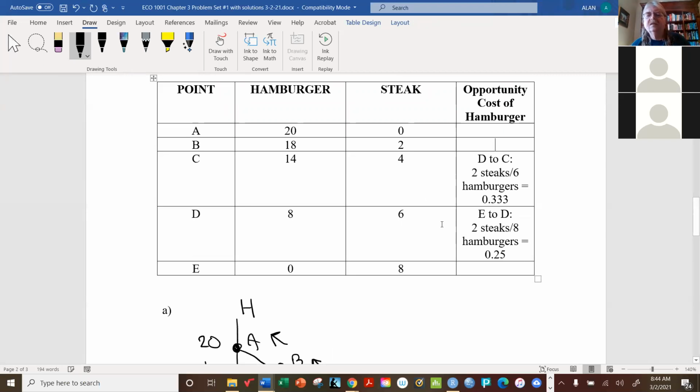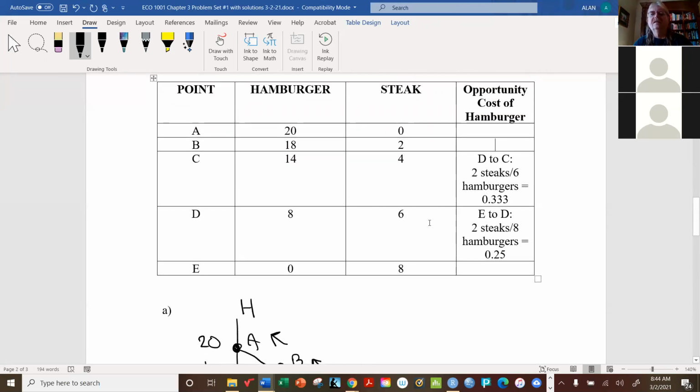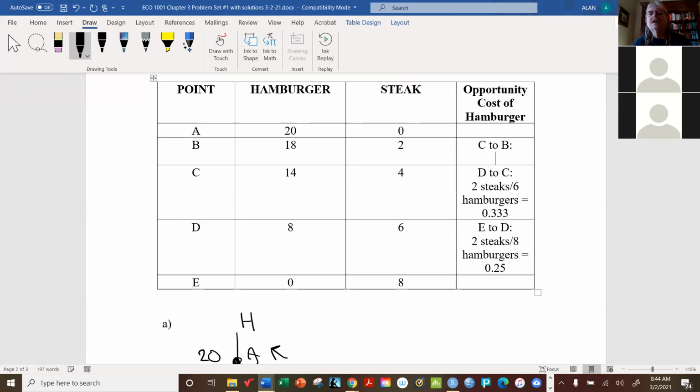All right, now we go from C to B on this curve. So when we go from C to B, we are losing 2 steaks. And you notice in this table, it was set up that way on purpose. The loss is always the same. It's the denominator that keeps changing. And this time when we go from C to B, we only gain 4 hamburgers.